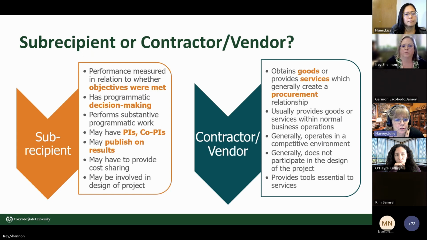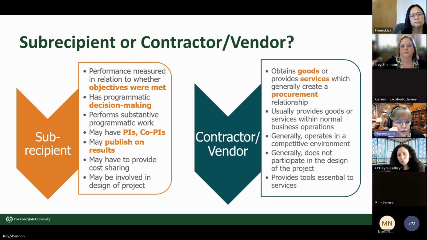Publishing is a huge thing. If they're publishing, they're considered a subrecipient. They may have to provide cost share, and they may be involved in the design of the project, where a contractor or vendor is sometimes just providing a good or a service. Generally, that's what they would do in their day-to-day operation. That's not something special they would just do for our project. And they don't participate in the design of the project or in the proposal, deciding what we're going to do in the project. And they provide tools essential to services.